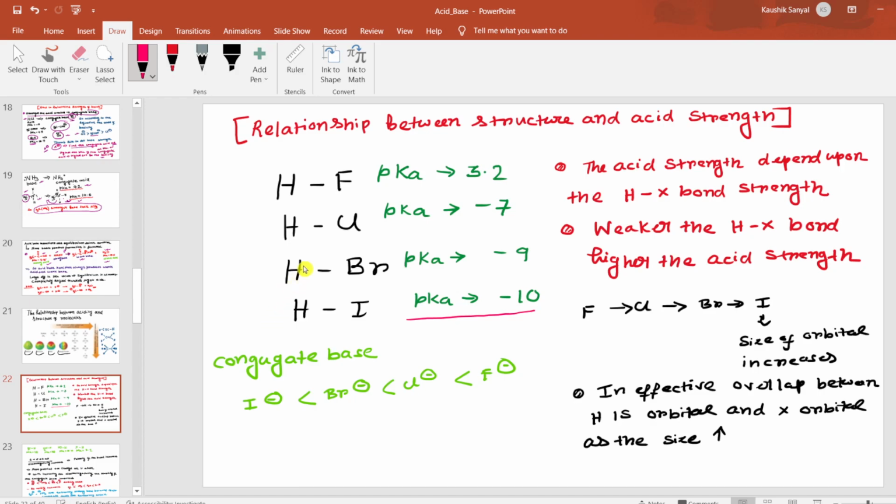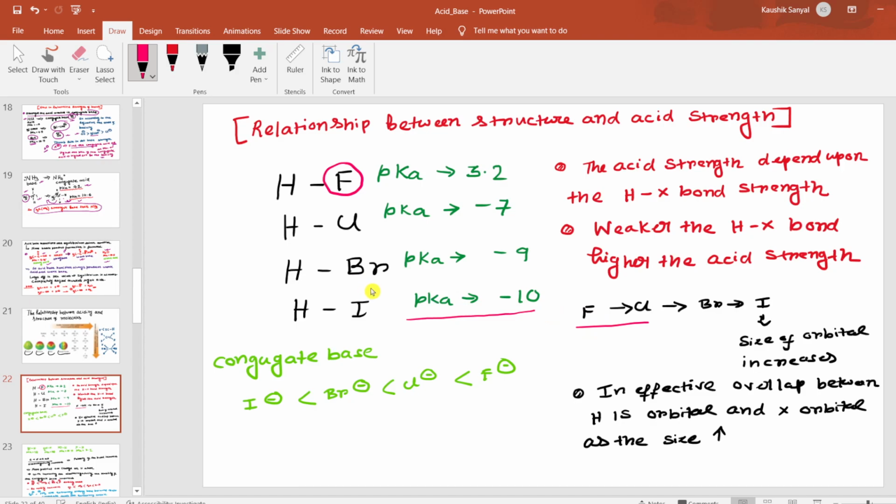As we go from hydrogen fluoride to hydrogen iodide, the main difference is the halide ion. As we go from HF to HI, the size of the halide ion increases, from fluorine to chlorine to bromine to iodine. As the size of the halide ion increases, the size of its orbital will also increase.